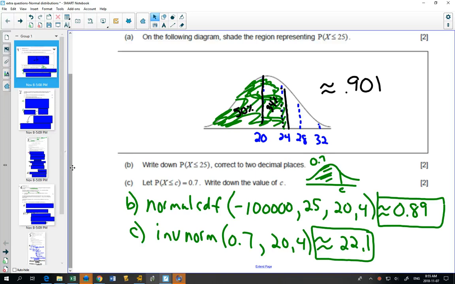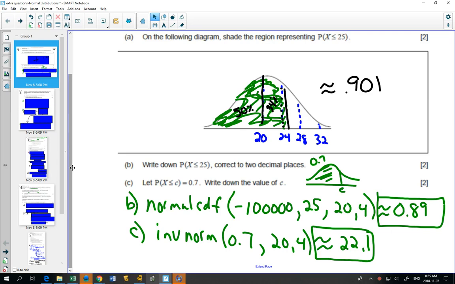So with normal distributions, you've got the 2 main functions, normal CDF and inverse norm. Normal CDF will always find the area under the curve or the percentage. And inverse norm you use when you know the area under the curve and you want to find the score.